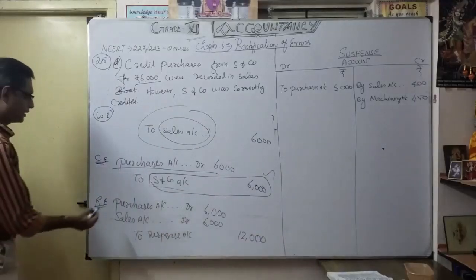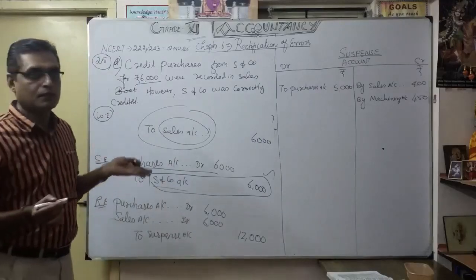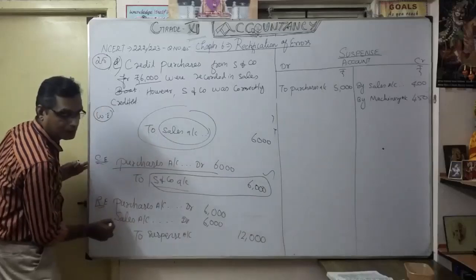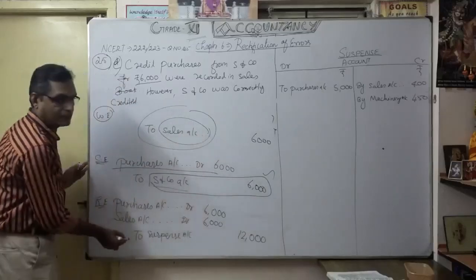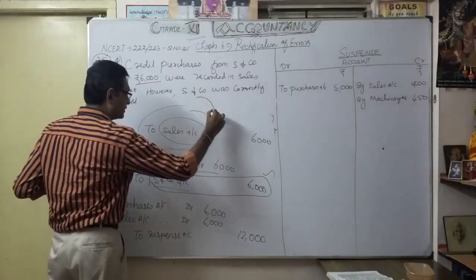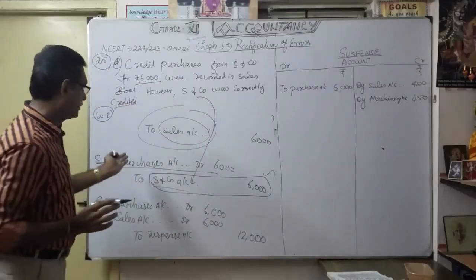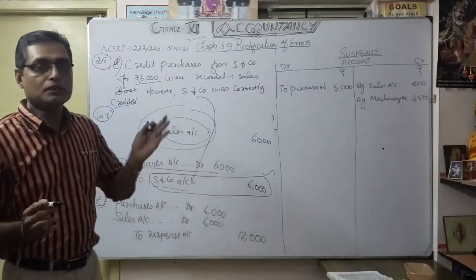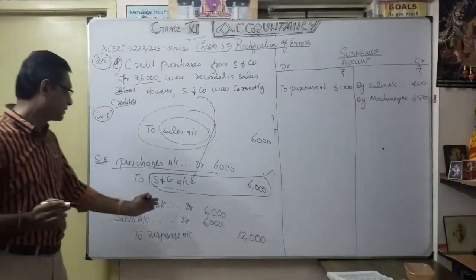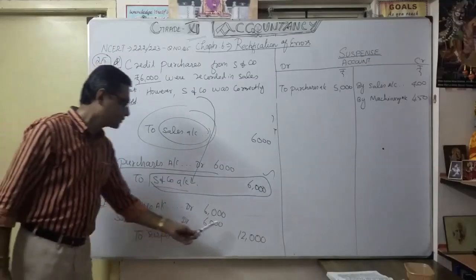Understood now? Purchases was supposed to be debited, but wrongly it was done to the sales account, so now I am going to debit sales account 6,000. So credit to suspense account 12,000, because the credit part of S and Co was done correctly. Only the confusion was they considered it sales instead of purchases. That's the rectification entry: purchases account debit 6,000, sales account debit 6,000, to suspense account 12,000.